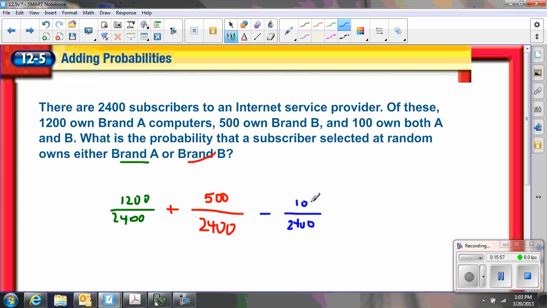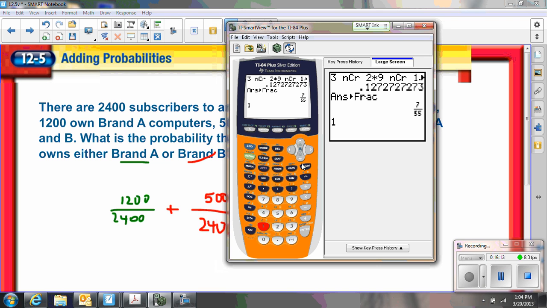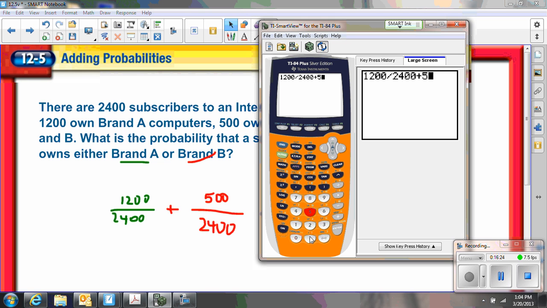100 of these people own both. So to figure out the probability of brand A or brand B occurring, where it could be repeated, so it could appear both, would simply be, let's clear this out, 1200 over 2400, which, by the way, if you want to reduce to 1/2, you can, plus 500 over 2400, minus 100 over 2400, which gives us a total of 0.6 repeating, or 66.7%, or as a fraction, 2 over 3.